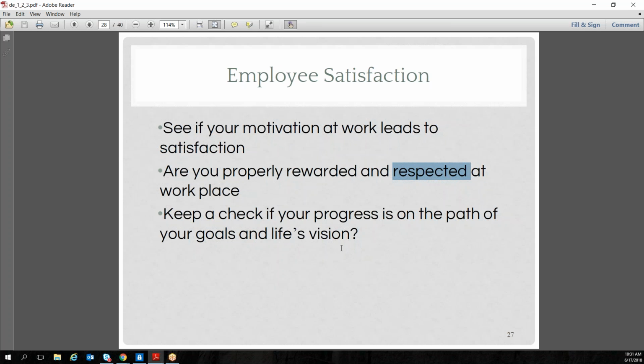If your progress at any point of your check is not on the path of your goals, what will you do? Any answers? Now you are doing management and you realize, let's say, that whatever you wanted to do is not on the path of your goals.